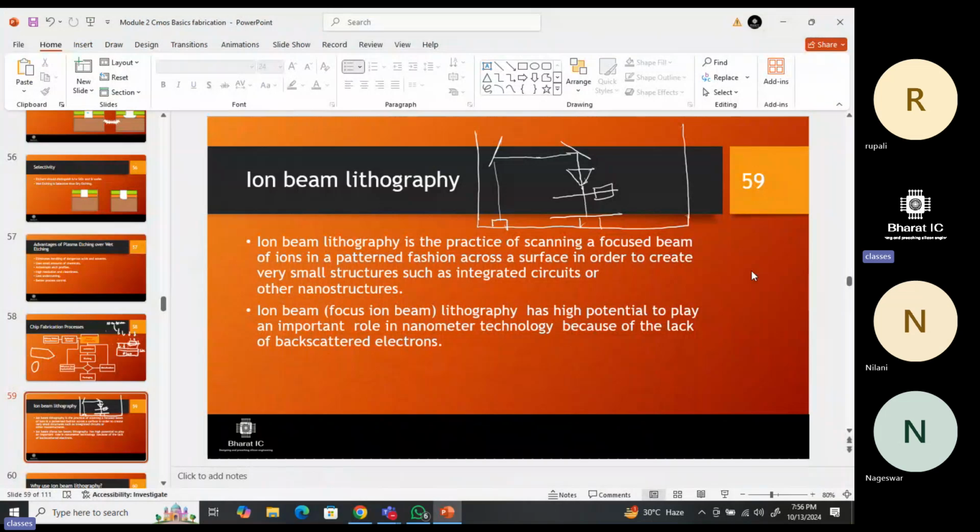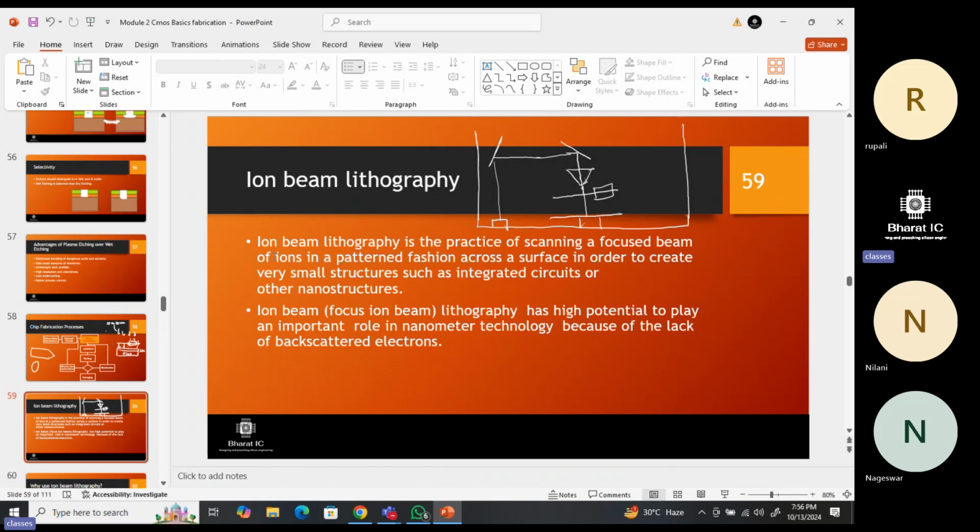Focused ion beam lithography has a high potential to play an important role in nanometer technology because of the lack of backscattered electrons. What is the ion beam or ionization? You can ask, you can tell him or her.